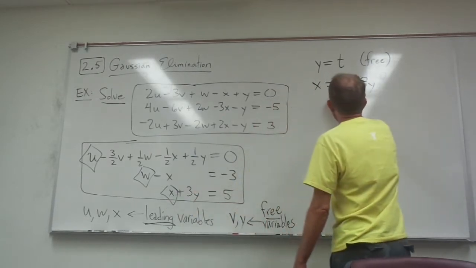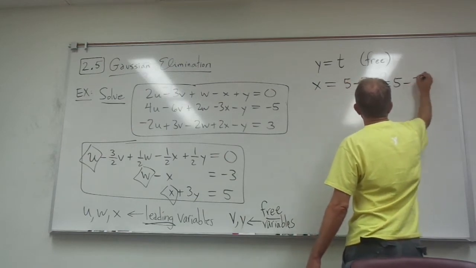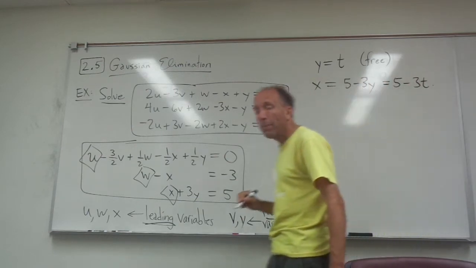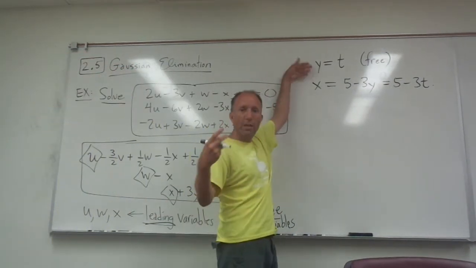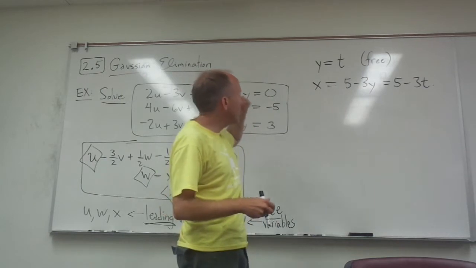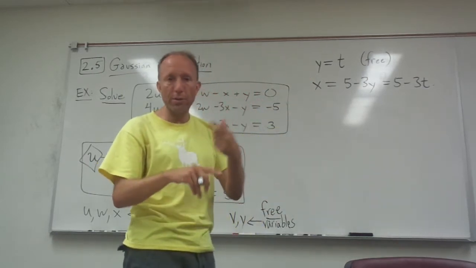In other words, x is going to be 5 minus 3t. I'm going to try to write all of my 5 variables, u, v, w, x, and y, in terms of my free variables, which are going to be things like r, s, or t.